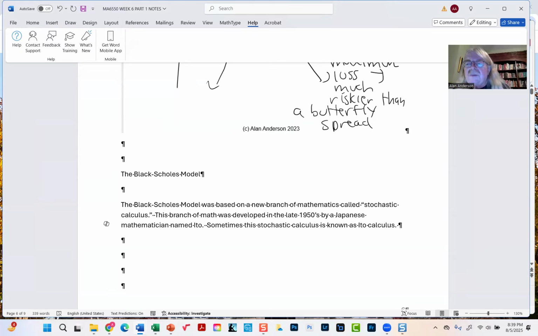And so Merton was somehow familiar with it, and he's the one who thought the best way to do the model would be to base it on this Ito calculus.